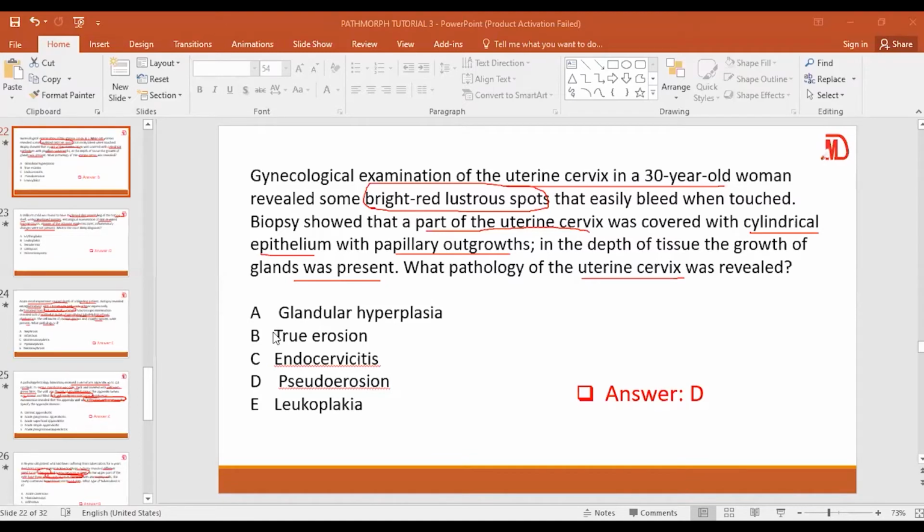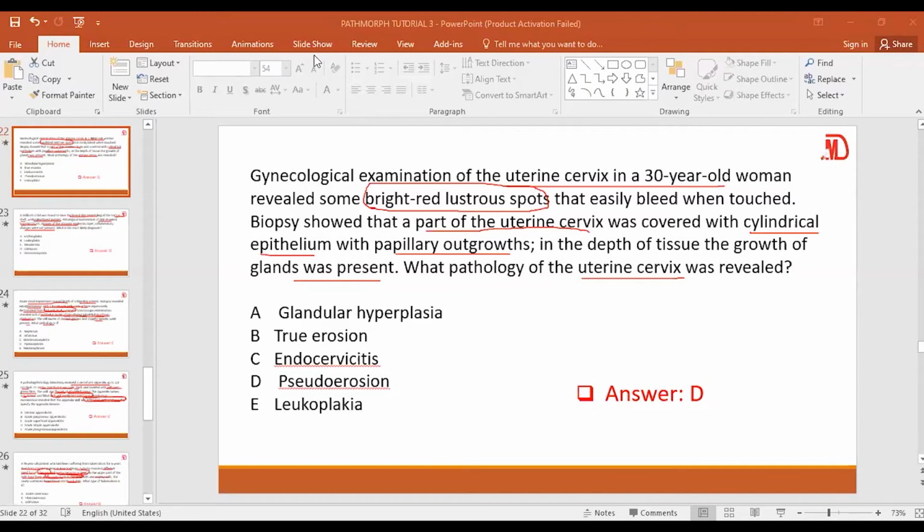Here the actual answer is supposed to be congenital, but there's no congenital. So we use pseudo erosion, meaning it is a false erosion, something that wants to mimic a true erosion. I'll check and see if there's a specific definition for it, but it says false erosion.